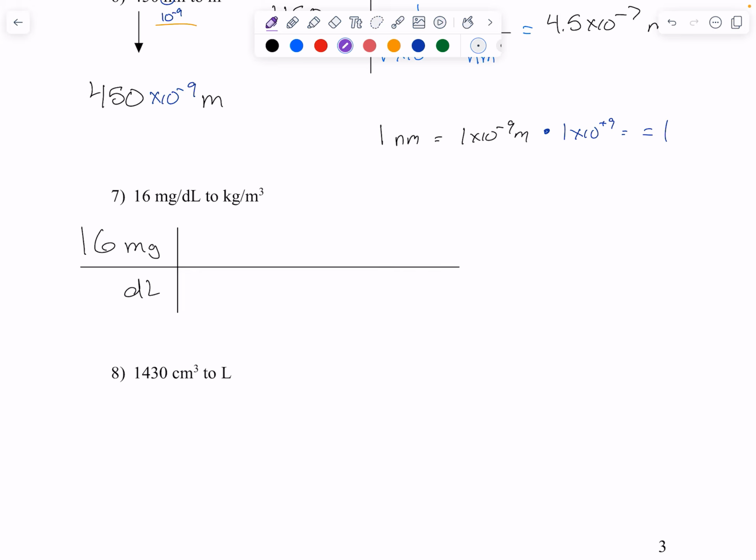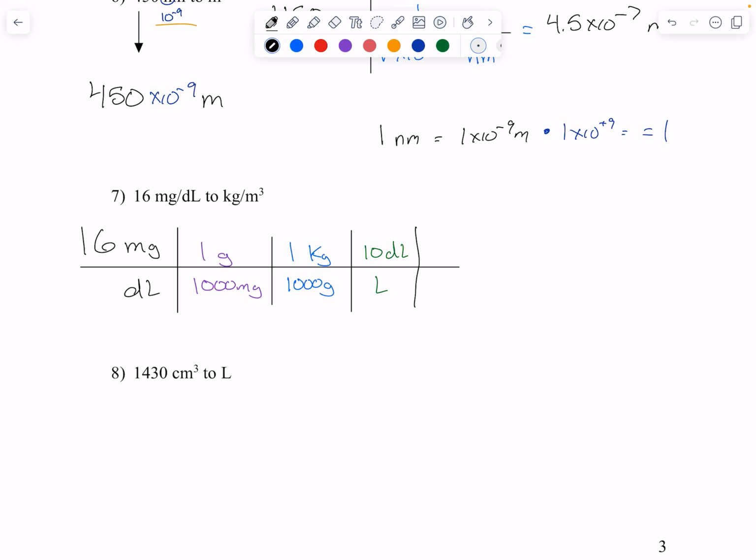So, I got 1,000 milligrams is 1 gram. And 1,000 grams is 1 kilogram. So now I'm in kilograms, which is fantastic. Deciliters to cubic meters. Well, deci is 1/10, so there's 10 deciliters to a liter.